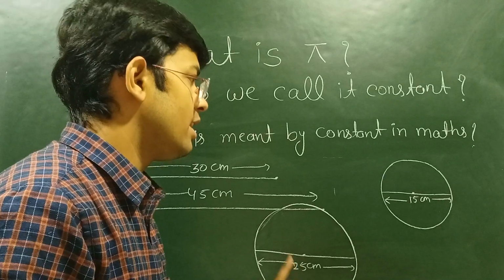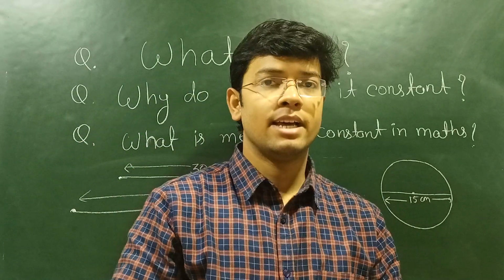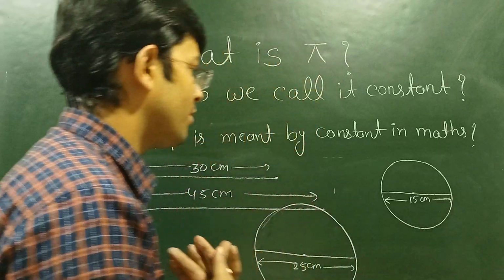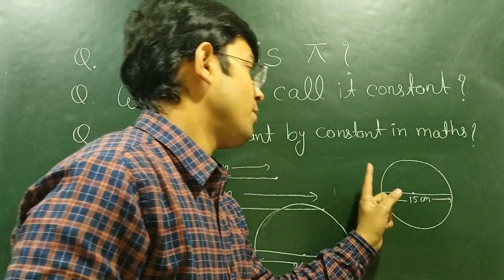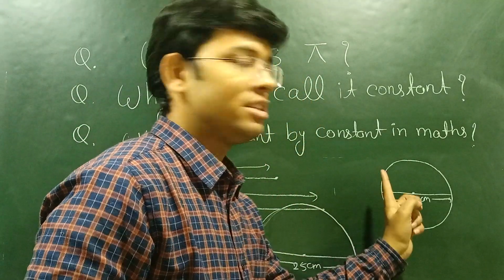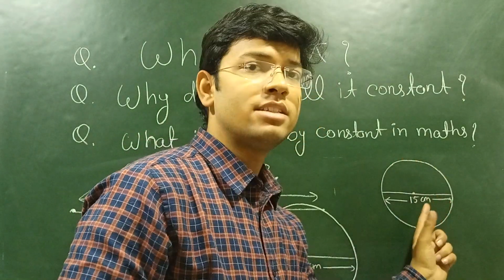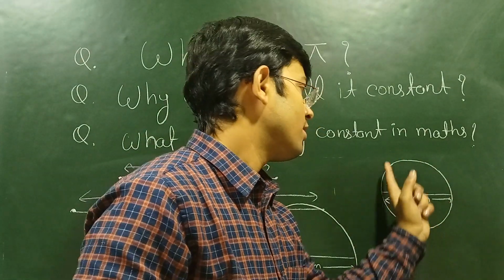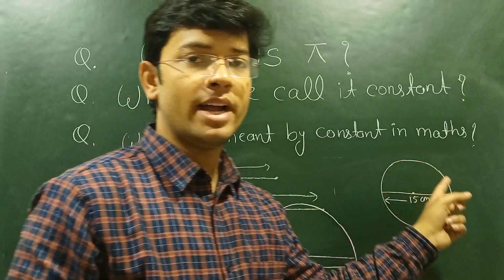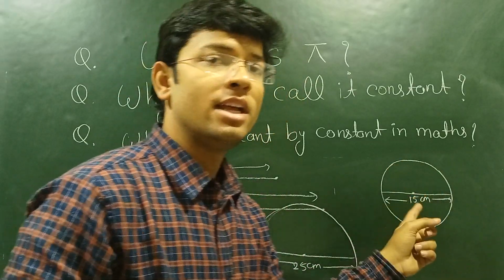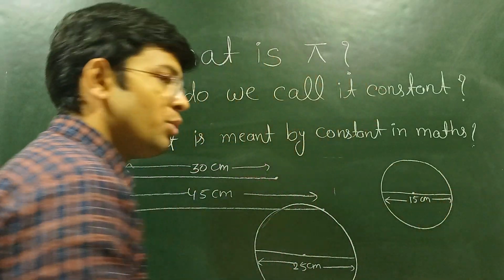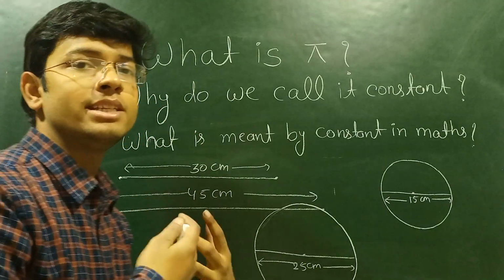Now scientists have found that when you divide the circumference by its diameter, you always get the same number.